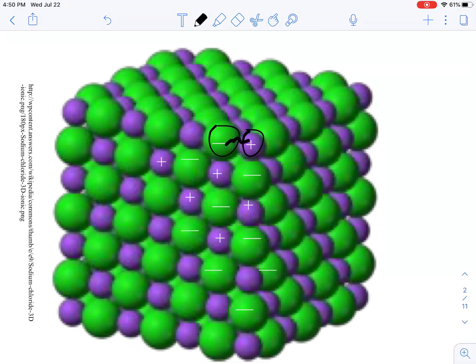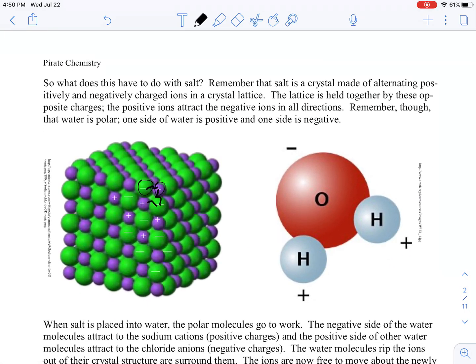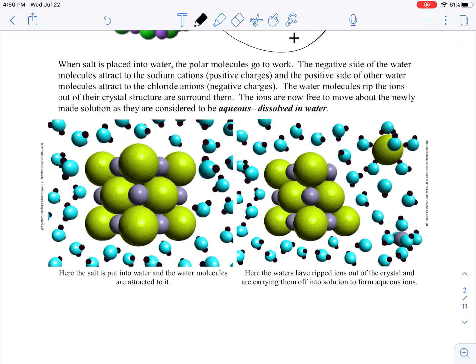The positives to negatives are going to be attracted to each other here in the ionic compound, but the positives and negatives in water are going to be attracted to the ions as well. So the negative is going to be attracted to the positives, and the positives are going to be attracted to the negatives here. And so you could have a situation where the ions are actually more attracted to the water than they are to each other.